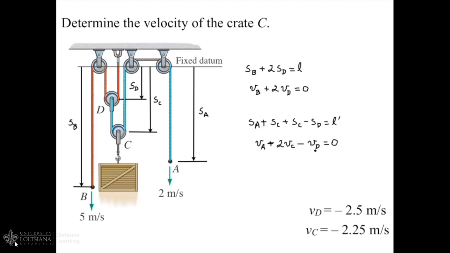But V sub D is equal to minus 2.5. So putting that into here, of course, we'll change the sign of this term. V sub C is the unknown in the equation. V of A, of course, is equal to positive 2. Solving for V sub C, we get our result. It turns out to be minus 2.25 meters per second. That's the rate at which the crate is rising.